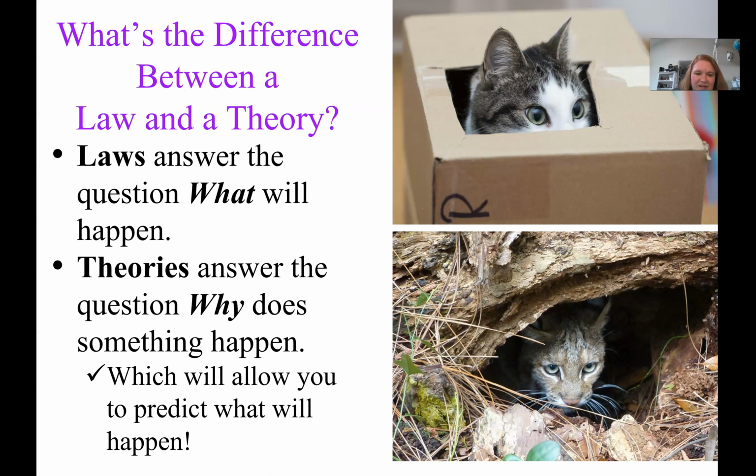A theory is going to tell us why that observation is happening. A cat will sit in a box because it's going back to its instincts of sleeping in a den. It's telling us what will happen. The cat will sit in the box, but it's also telling us why it's going to happen. So it's giving us a little bit more information.